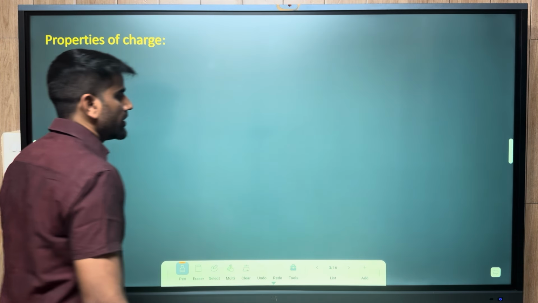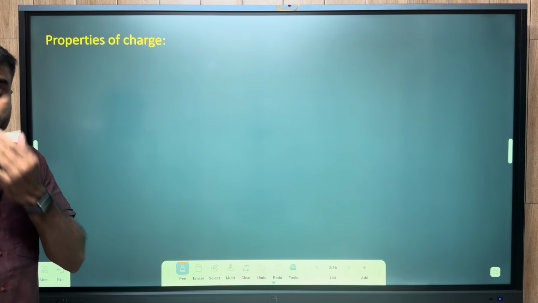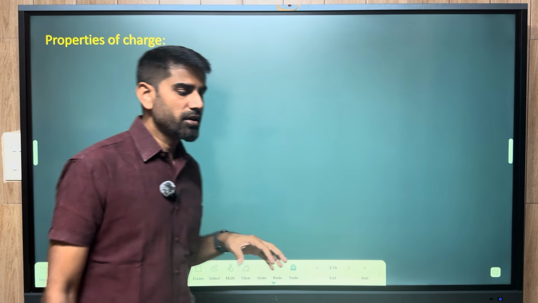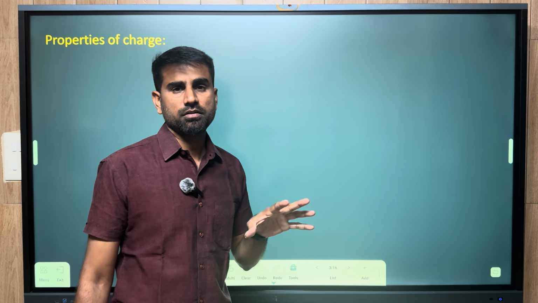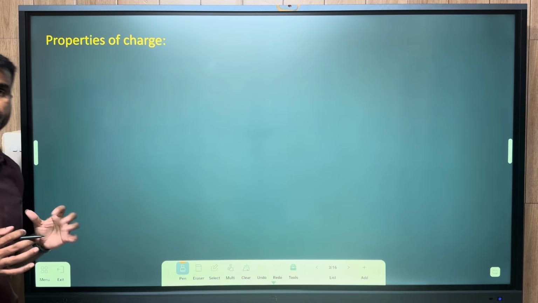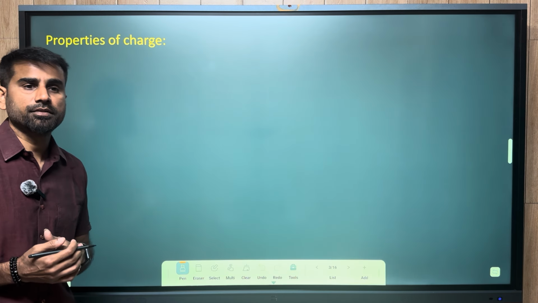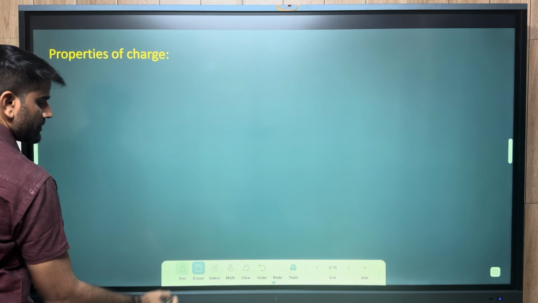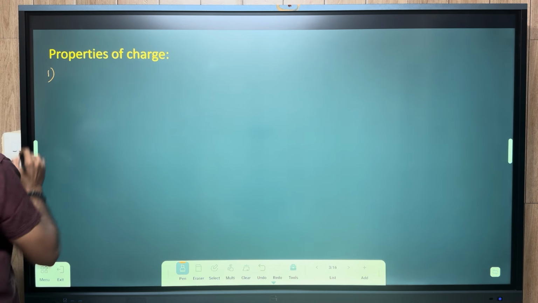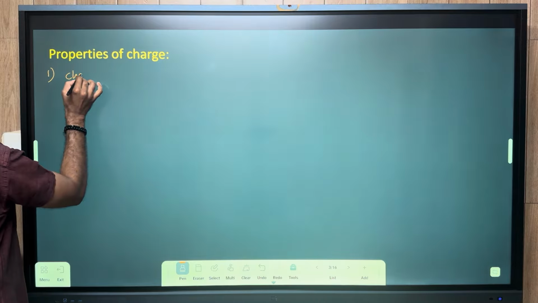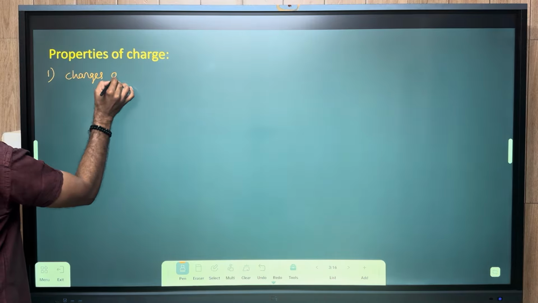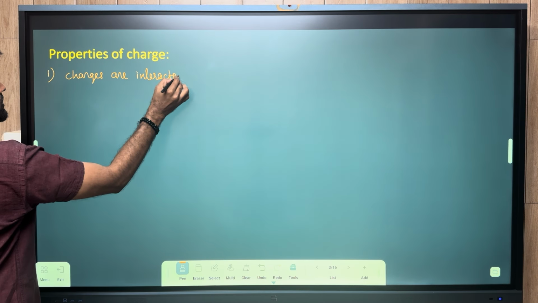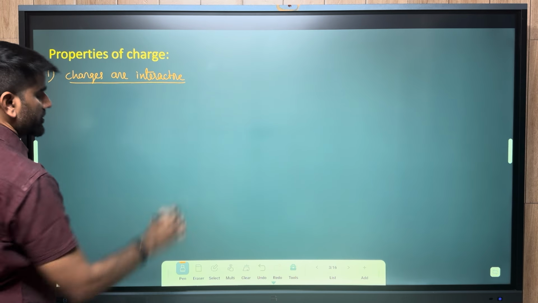Now let's learn the properties of charge. Fundamentally, any charge will exhibit some properties. So let's learn those properties. First one is, charges are interactive.